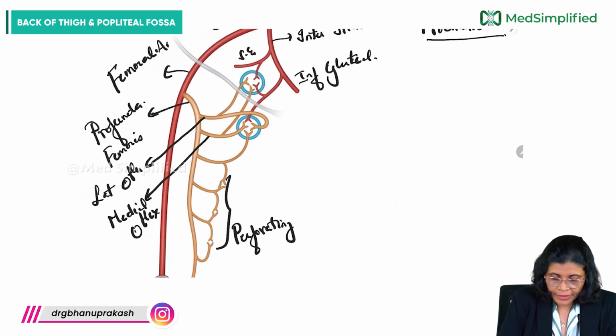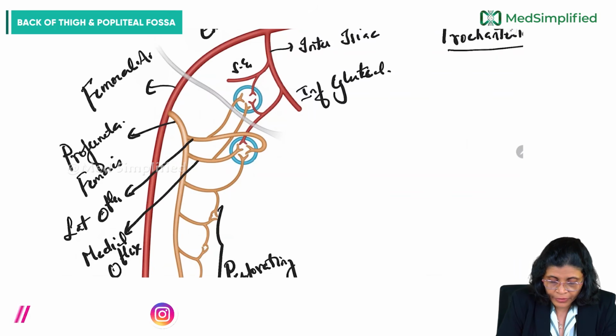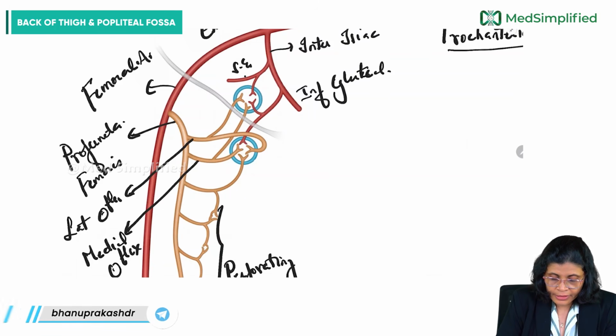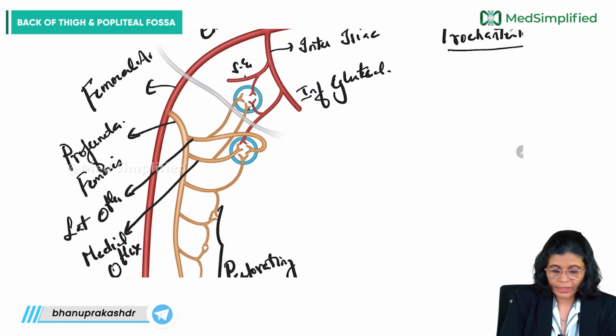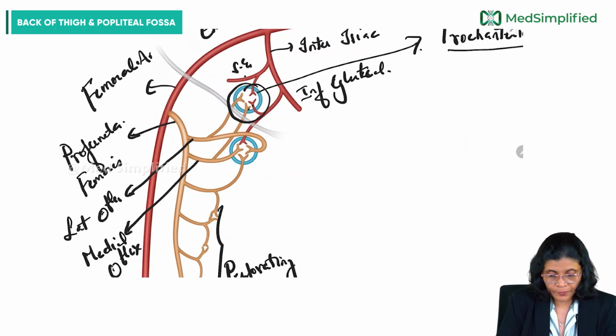Now this trochanteric anastomosis, when we see, it is formed by the branches. So here you can see from above, we can see the descending branch of superior gluteal, the descending branch of inferior gluteal, the ascending branch of lateral circumflex and the ascending branch of medial circumflex. So these four, they form the trochanteric anastomosis.